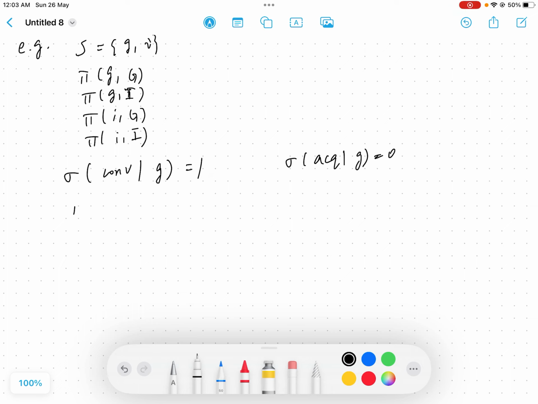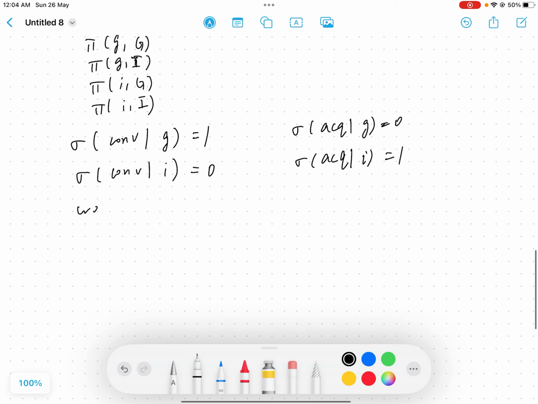Correspondingly, if S is small i, then the probability of convict is 0. Otherwise, it's 1. And we will show that this sigma is a BNE.